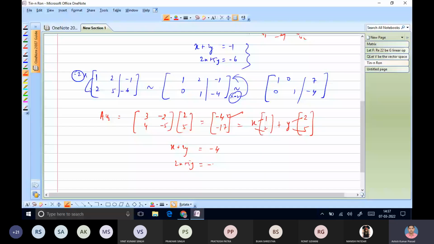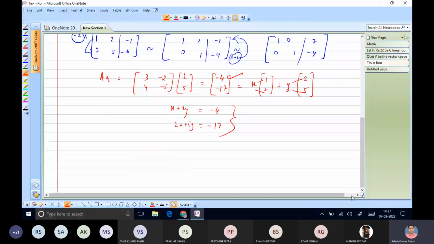Now I have my system of equations. I want to solve this. So again, I will apply the Gauss elimination technique. Right? So I will write the augmented matrix 1, 2, minus 4, 2, 5, minus 17.